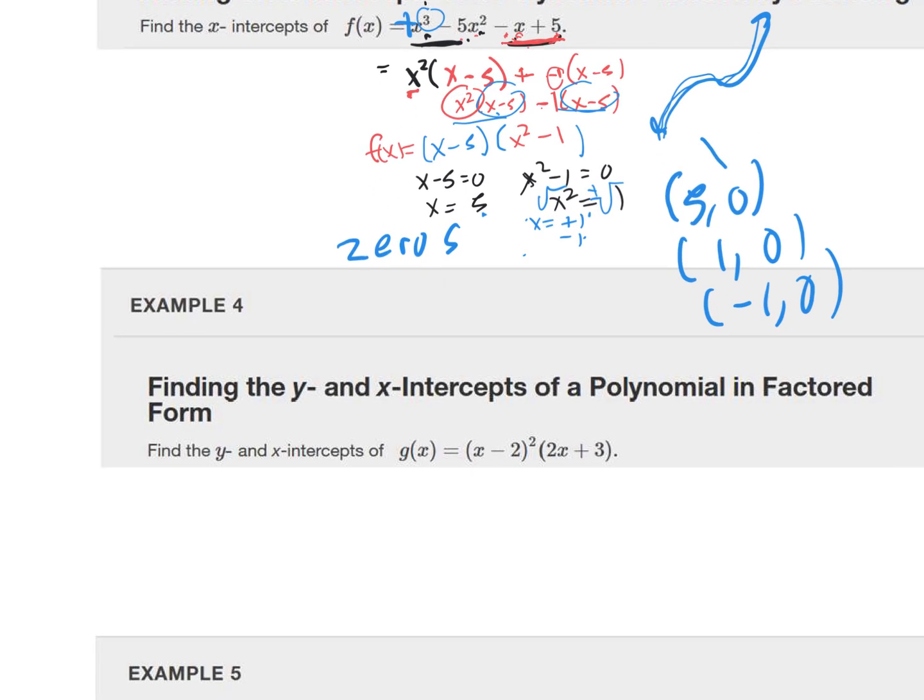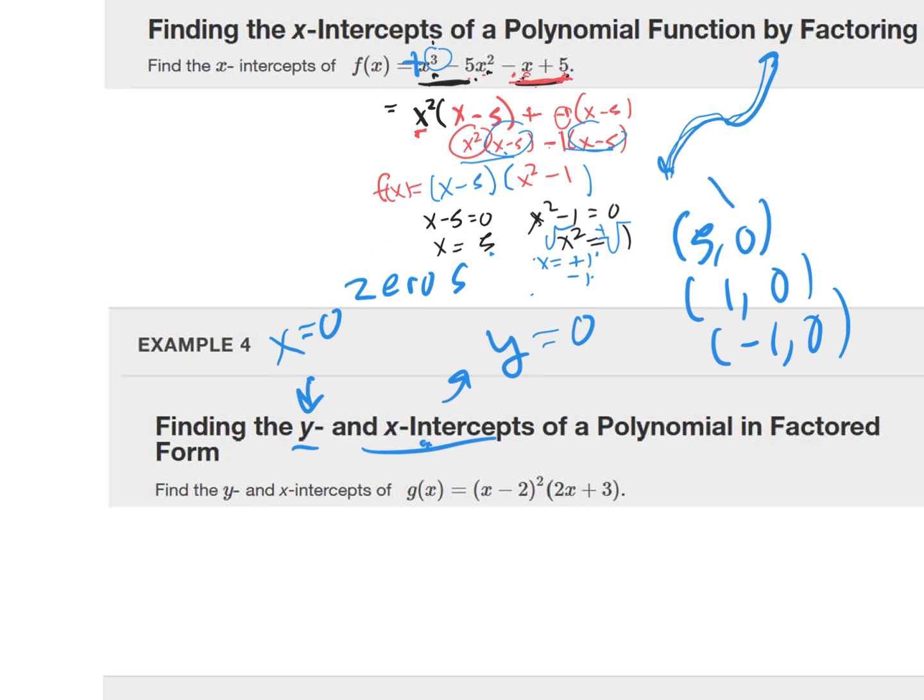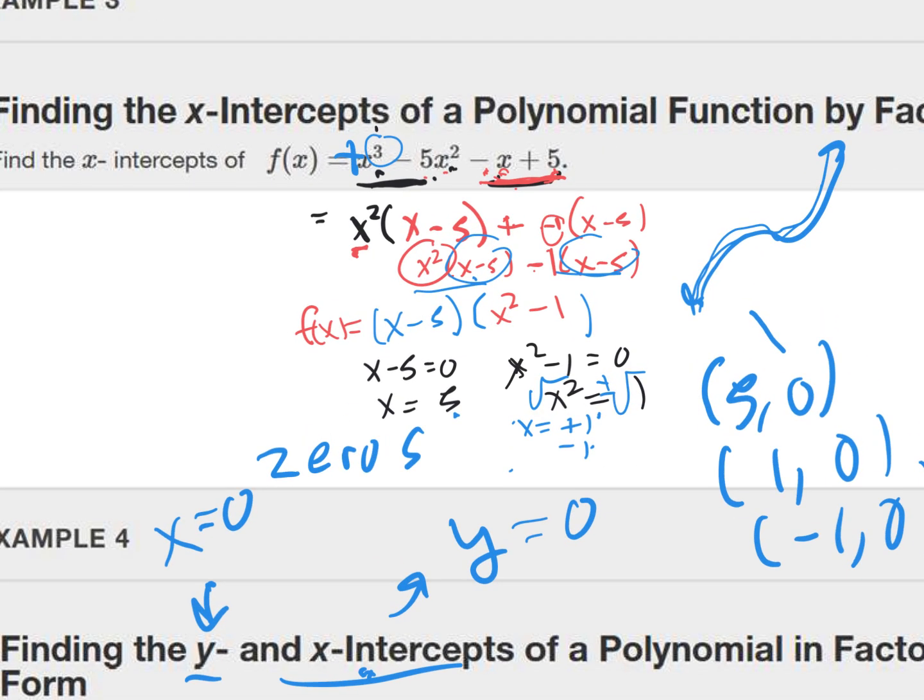Find the y-intercept and the x-intercepts. Okay, well, that's interesting. Y-intercept happens when x is 0. X-intercepts happen when y is 0. And you're saying, was y equal to 0 in this first one? It sure was. I just didn't write it.